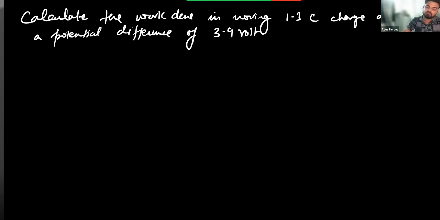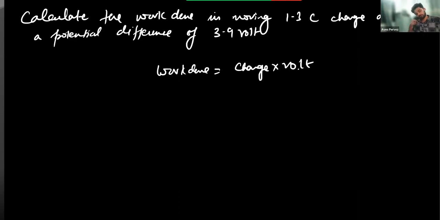Done? What's the answer? Work done is equal to charge into volt. So multiply 1.3 into 3.9.